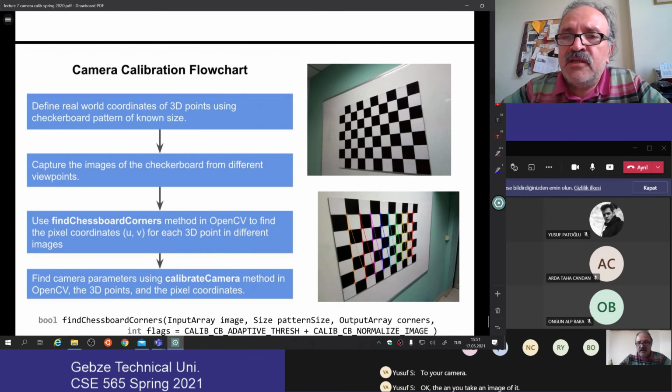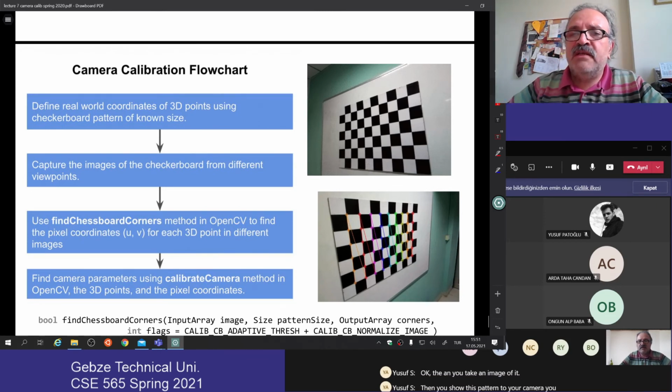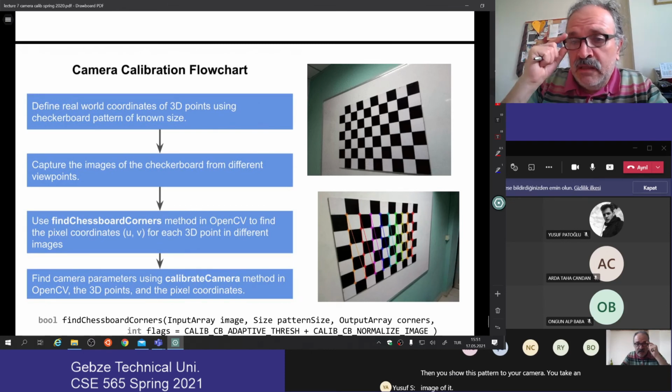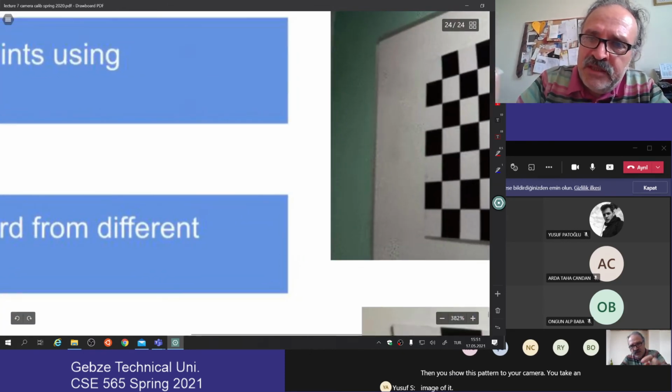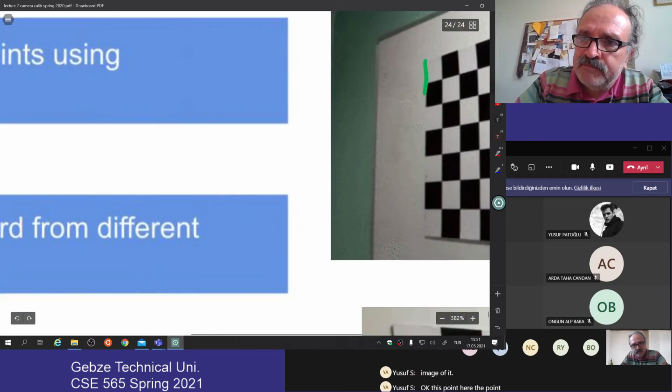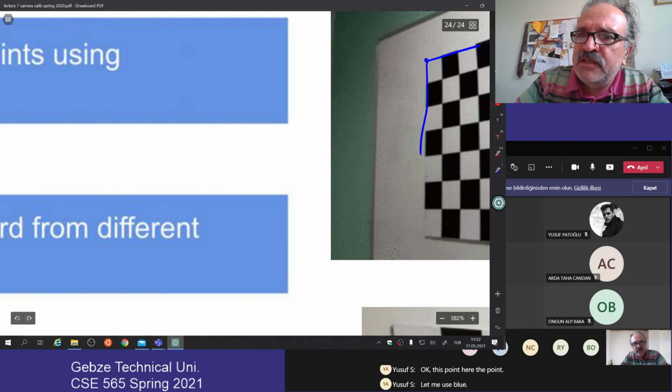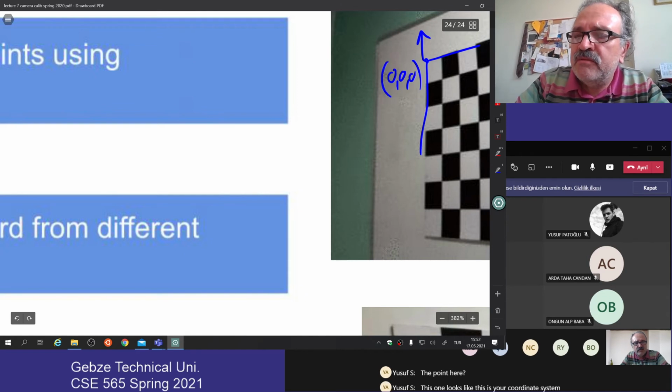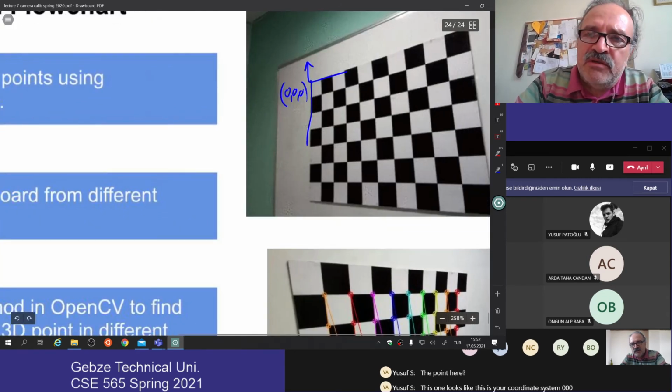When you show this pattern to your camera, you take an image of it. The point here, this one, is your coordinate system 0, 0, 0. It becomes your 0, 0, 0.